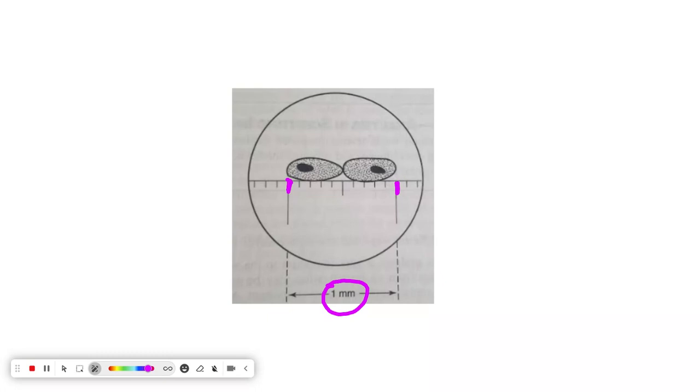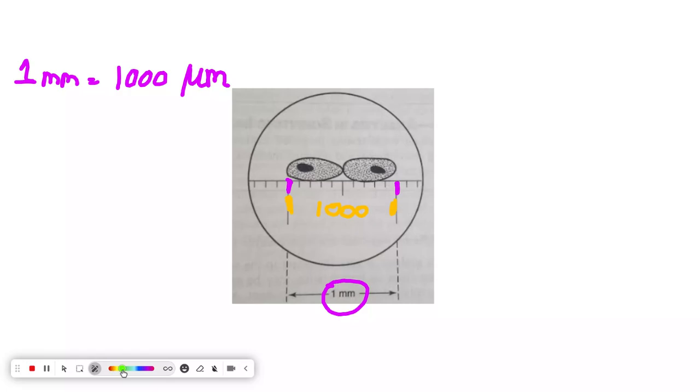So the first question we can ask, well, if it's 1 millimeter, how many micrometers should that be? Well, like we said before, 1 millimeter equals 1,000 micrometers.